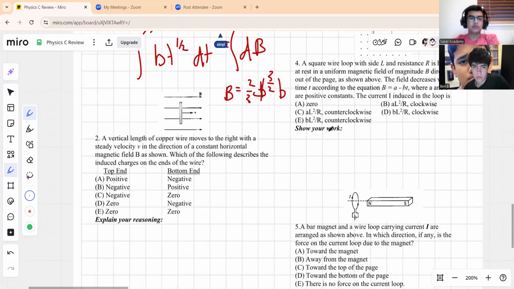So for part 2, we shall be using the right-hand rule. If one is to draw the fact that the velocity and the magnetic field are in the exact same directions, would it also be E? I believe so, because the charges are not moving. So I believe that would be the correct answer.